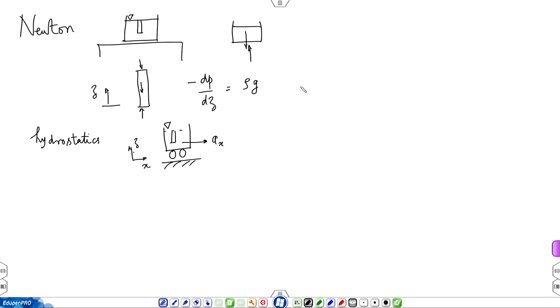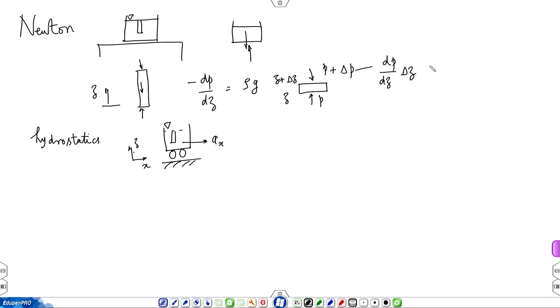how did we get this equation to start with? We had considered a small element and put pressure P here and pressure P plus delta P. At a distance, this is Z, this is Z plus delta Z, and this delta P was estimated as dP dz delta z, which is, from your earlier courses, a small change.